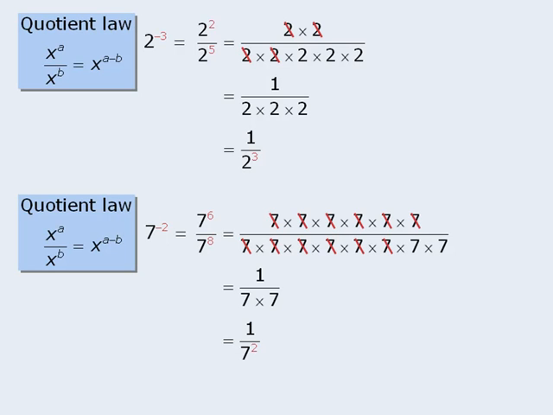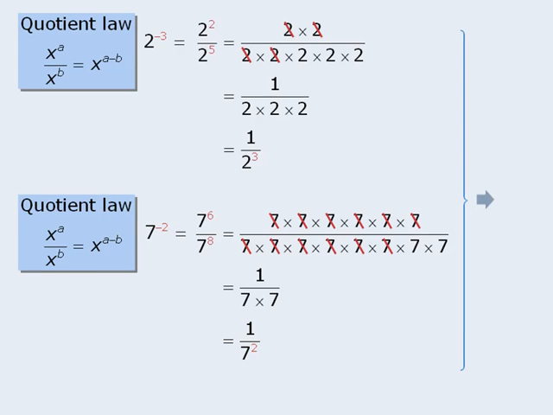So when we rewrite 7 to the power of 6 divided by 7 to the power of 8, using two different approaches, we get 7 to the power of negative 2, and we get 1 over 7 to the power of positive 2. So it must be the case that 7 to the power of negative 2 and 1 over 7 to the power of positive 2 are equal.